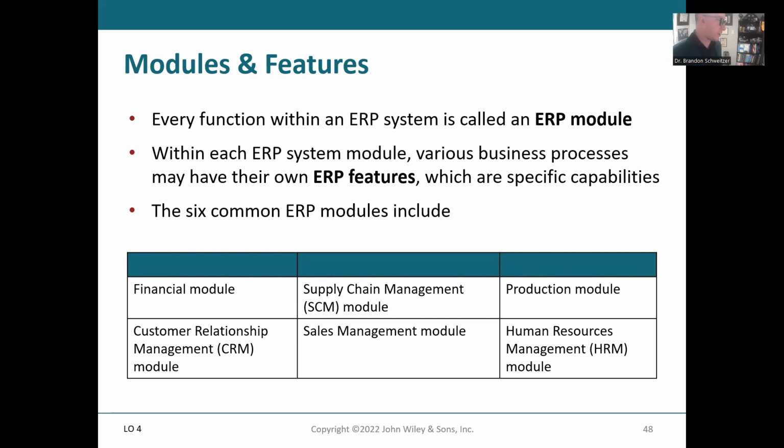ERP modules can include things like a financial module, a CRM, an SCM, sales management, production, and HRM. Going back to the QuickBooks example, inventory management being one of the modules, but then of course, which could include, I guess we'll say production module here.